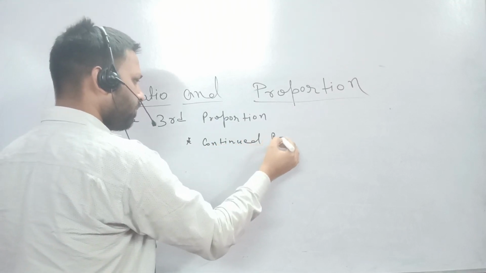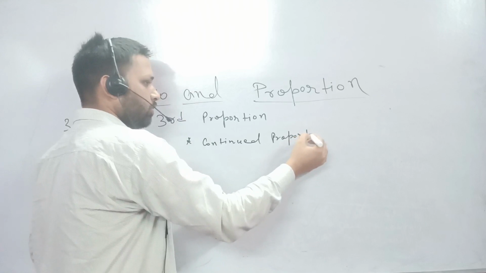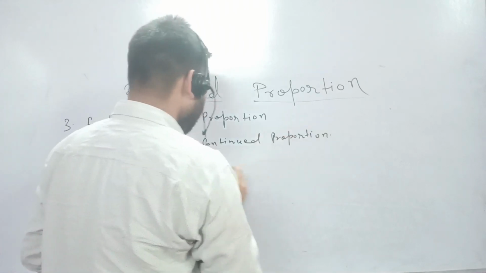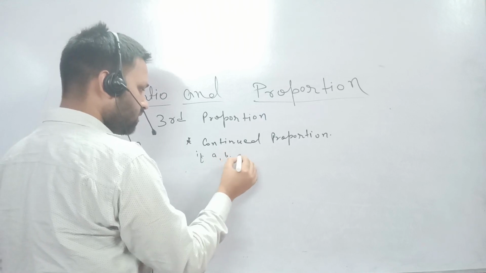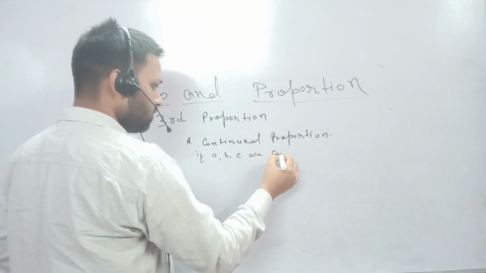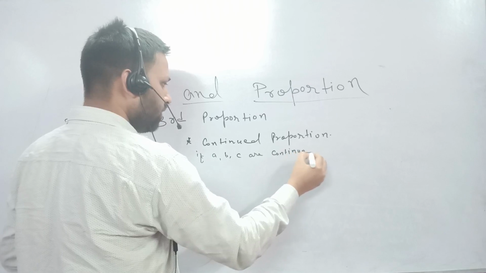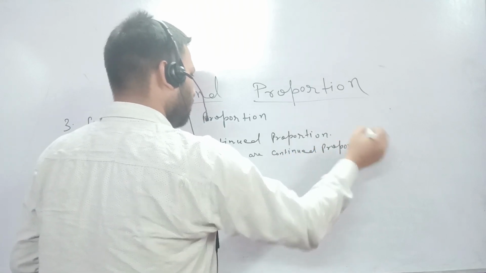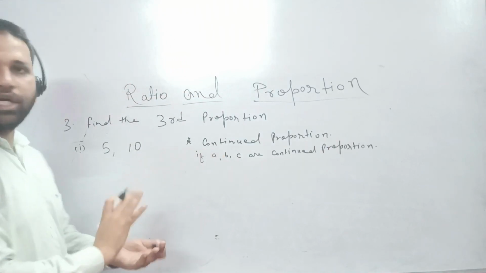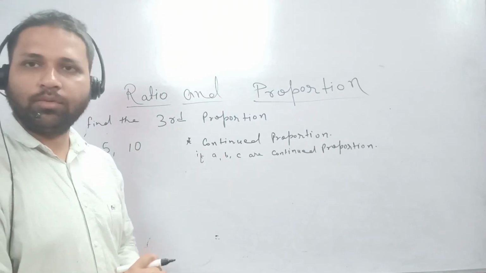Continued proportion. Okay, if A, B, C are continued proportion, let three numbers be in continued proportion. Then how to write these three numbers?